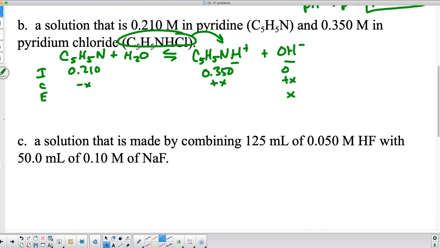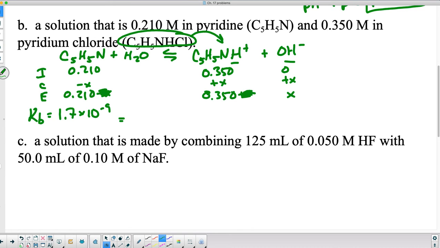This gives us x. This gives us 0.35 plus x, but I can get rid of that. This gives us 0.21 minus x, but I can get rid of that. These two go away because my Kb in this case is given to us as 1.7 times 10 to the negative 9. So this is going to be a really small number. Good, we're in good shape.